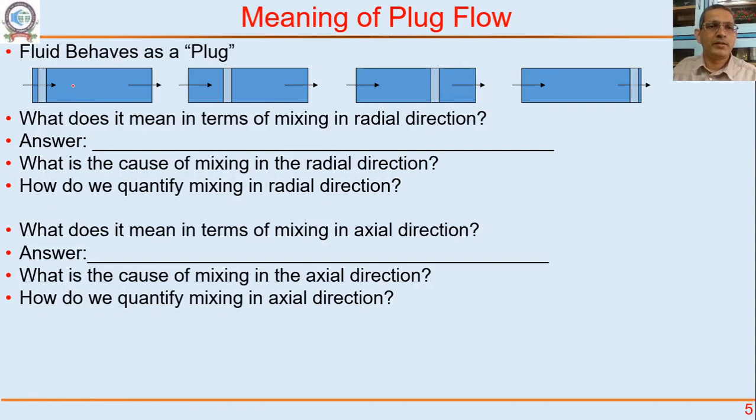So this direction along the axis, along the center line, is our axial direction denoted by Z. If you look at it from the side, if you look at it as an end elevation, oops, better.